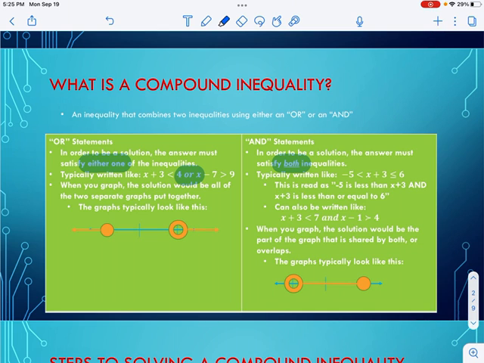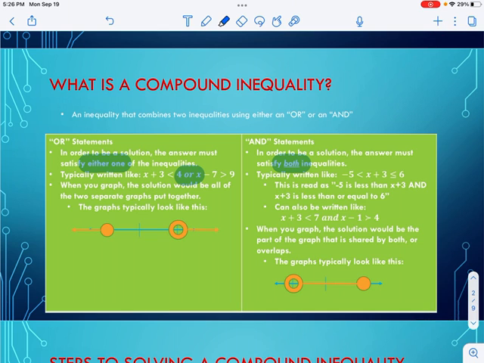But then when we graph them, the difference is you get to carry everything together: anything that satisfies the first, anything that satisfies the second. Typically you'll see a point going to the right, a point going to the left, and a gap between those two points.